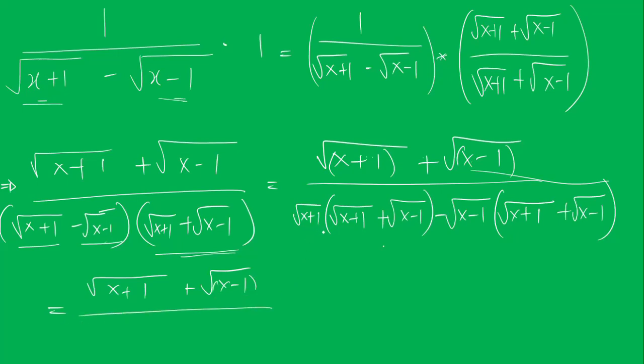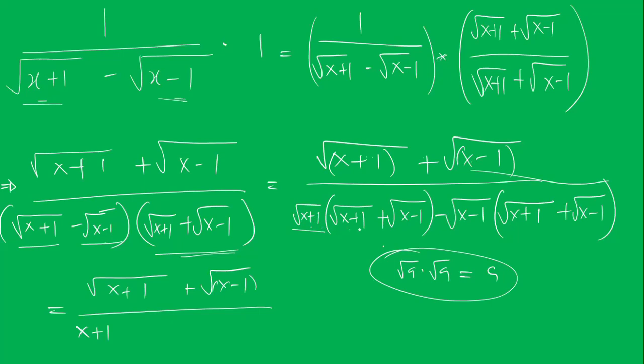Now, the square root of x plus 1 times the square root of x plus 1 will give you x plus 1, because this value and this value is the same. So it's just like saying the square root of a times the square root of a will give you a. That is the rule, a surd rule.